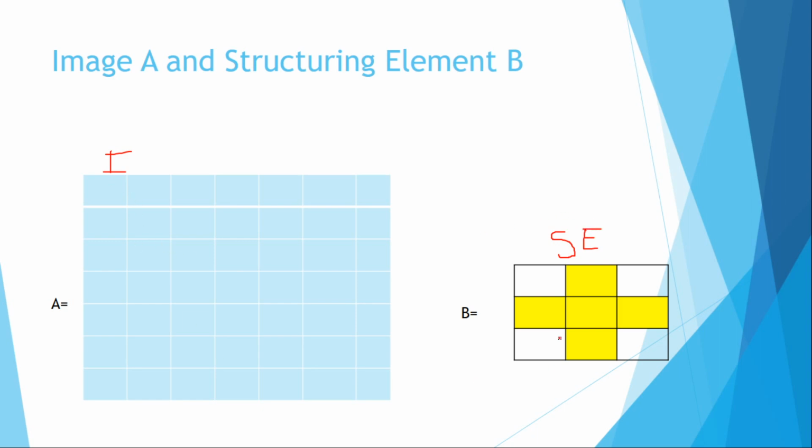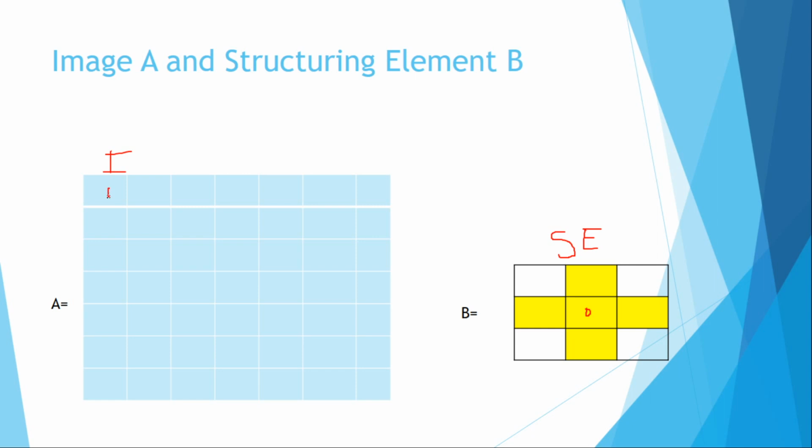So in any dilation operation or erosion operation, we should know which one is the origin. I am considering this is the origin for the structuring element. So to do the dilation and erosion, the origin of the structuring element should coincide with the image pixel value on which I have to do the dilation operation.